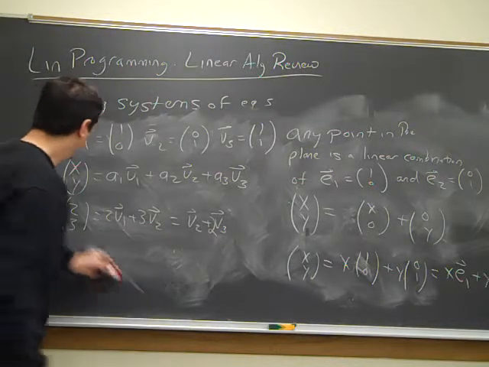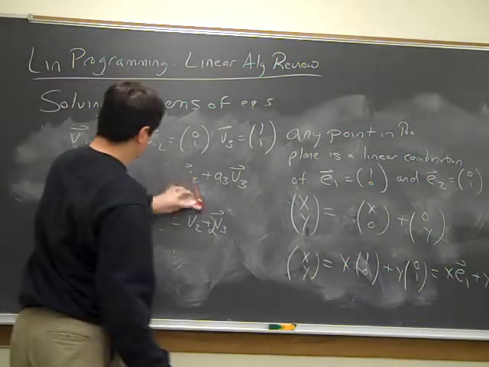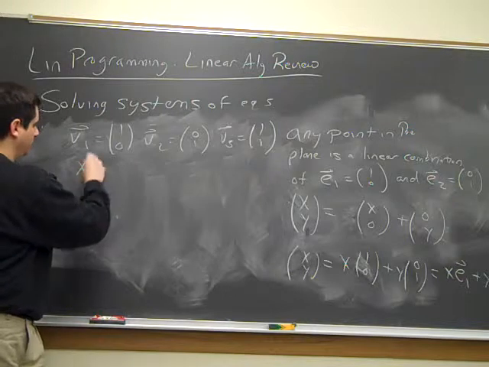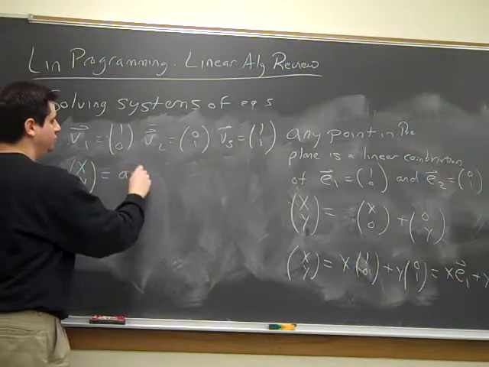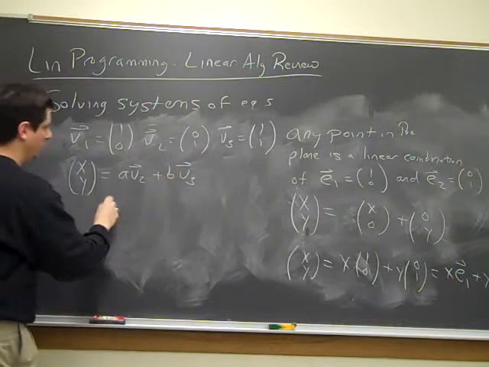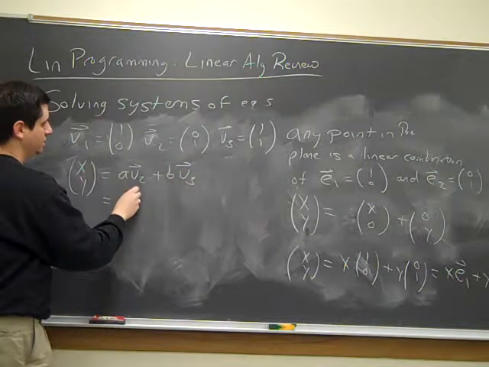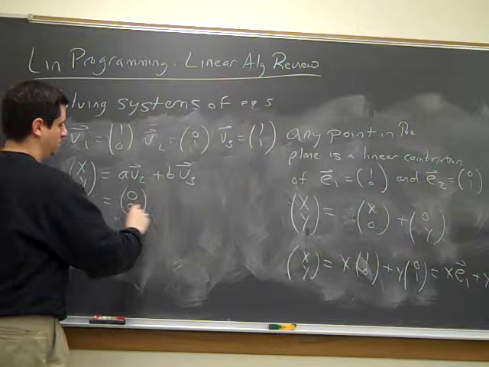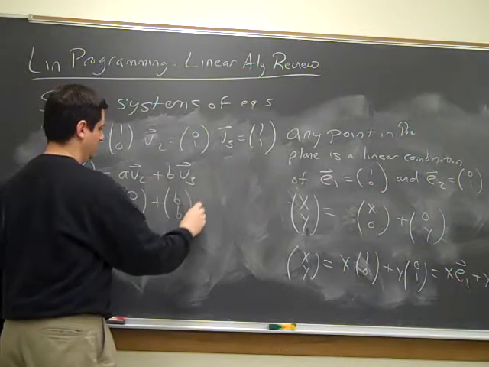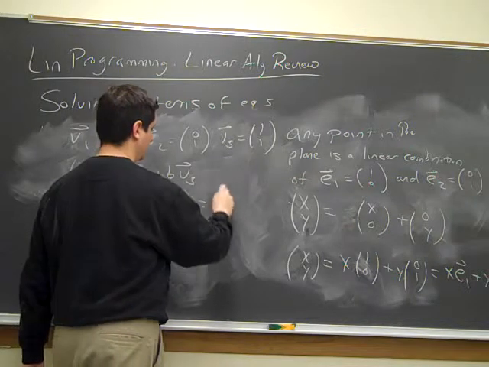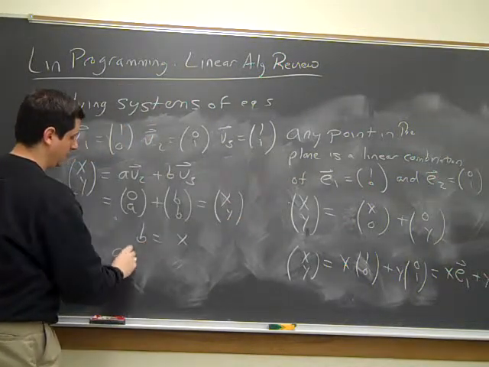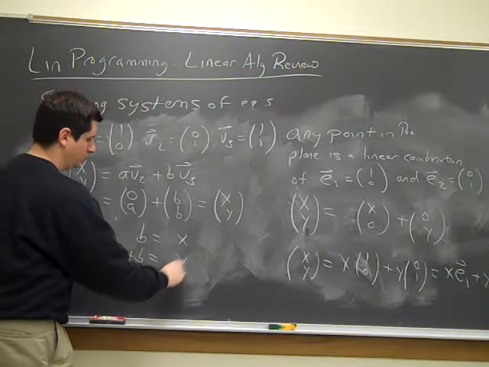Yeah. And so, one way you could see this is, let's say I want to write xy as some number a times v2 plus some number b times v3. So I have basically just 0a plus b equals x, or b equals x, a plus b equals y.